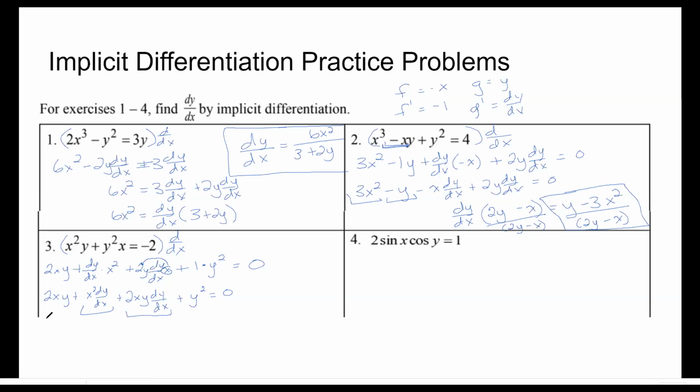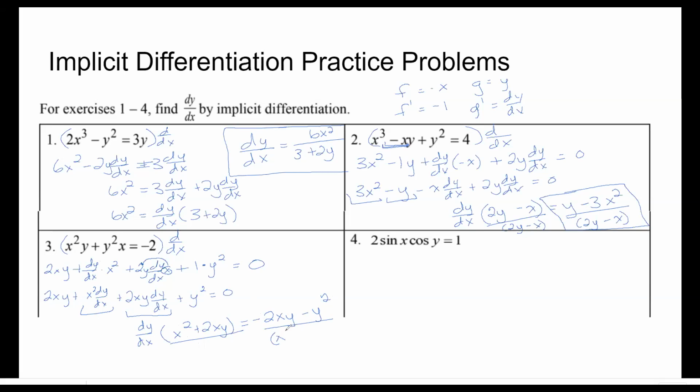So now I see that these two terms have the dy dx. So I'm going to bring these terms that don't over to the other side. So I now have dy dx multiplied by x squared plus 2xy. That's equal to, I'm going to bring both of these over to the other side, negative 2xy subtract y squared. And then I'm going to go ahead and divide.